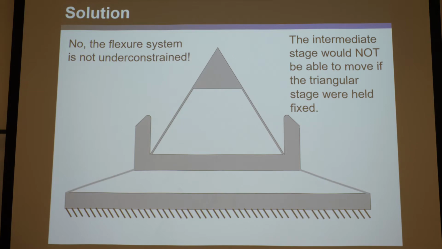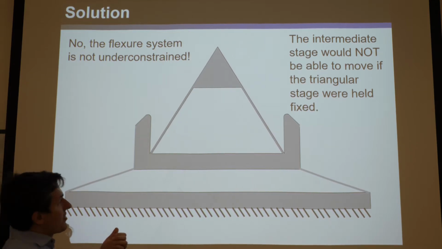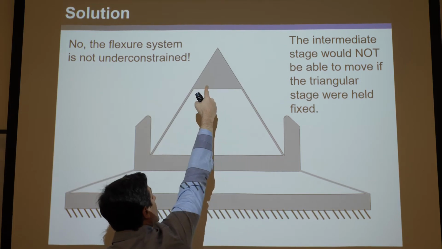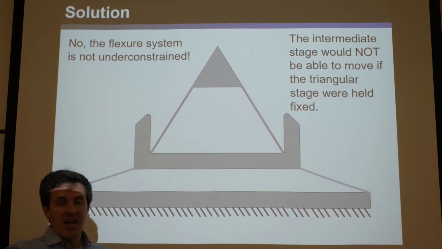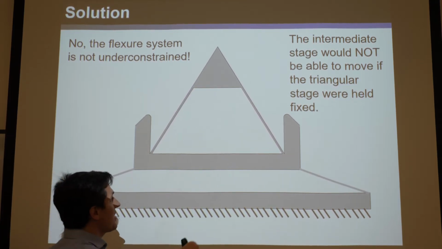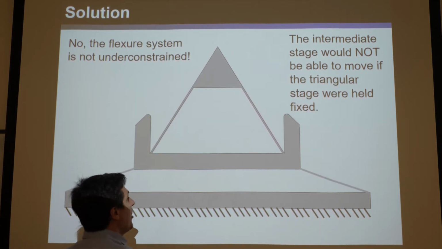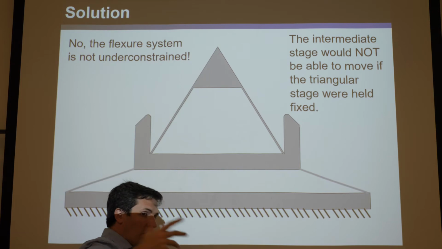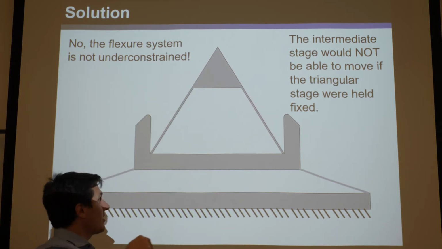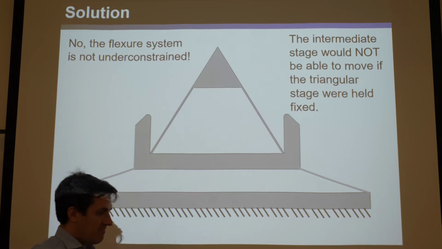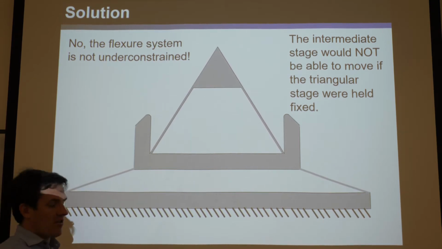So it's not under constraint, because even though they both have a rotation, they're not redundant rotations because they're not at the same location. They are both rotations, and they're both pointing out of the page. So they're almost the same, but they're different. This one's at this location, and that one's at that location. So because they're different, they're not under constraint.